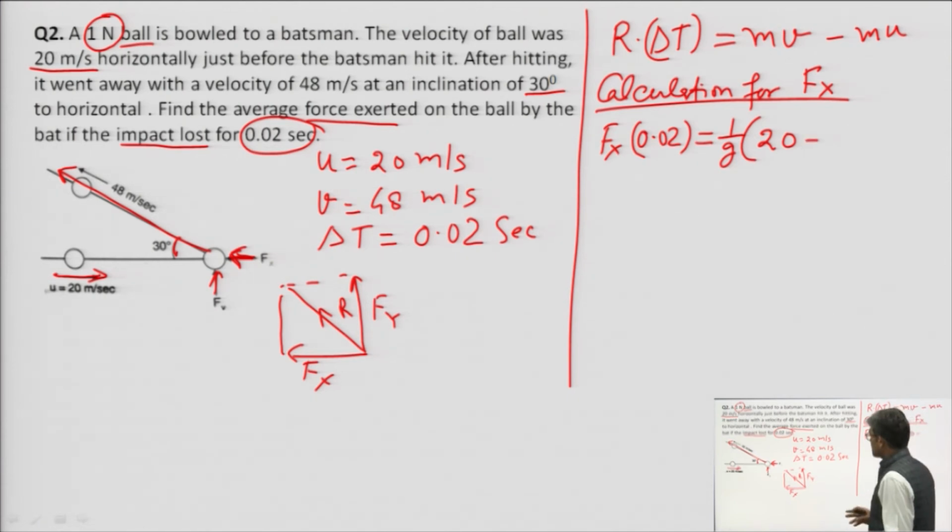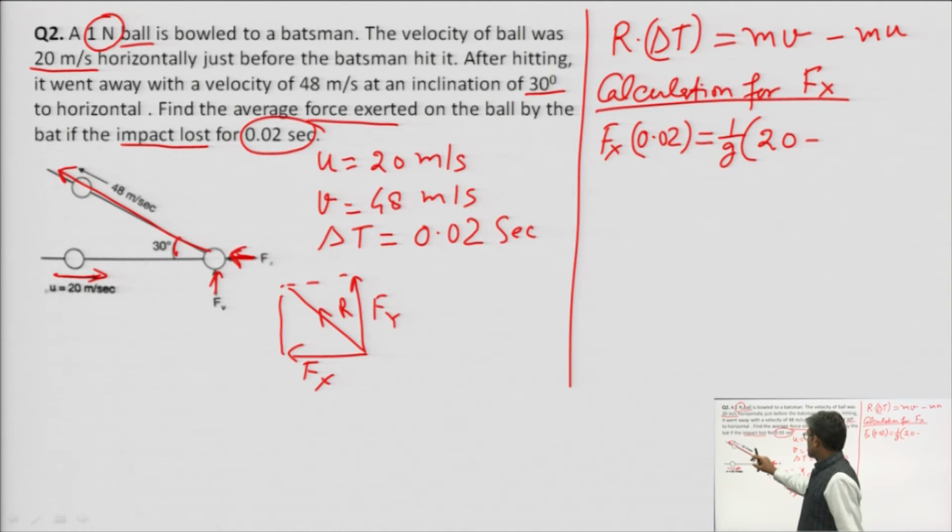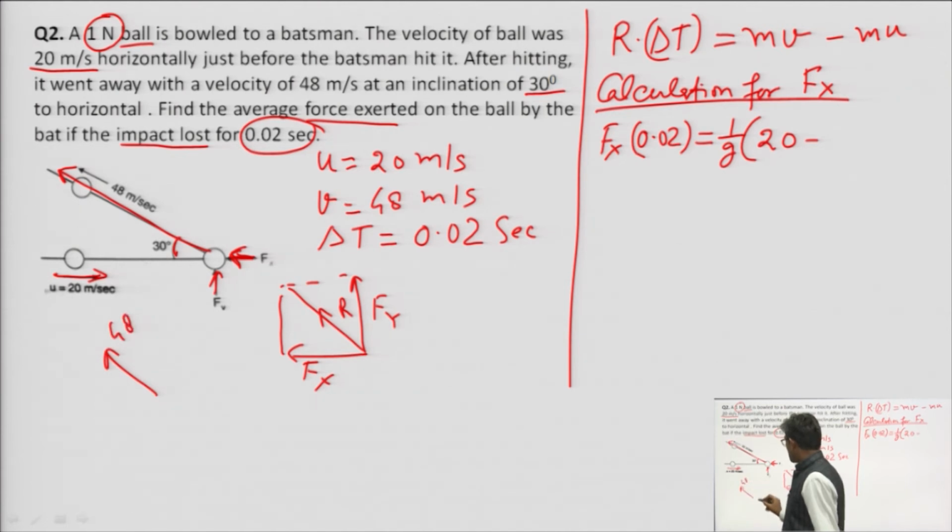And the horizontal component for this final velocity, 48 meters per second. So, there is a horizontal and a vertical component.